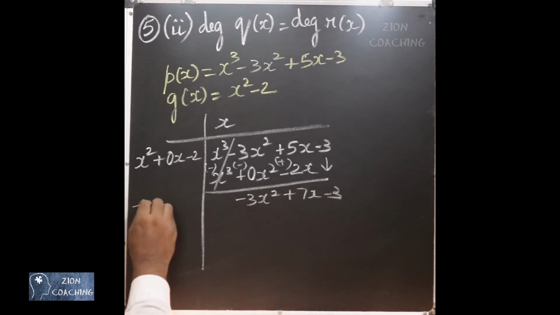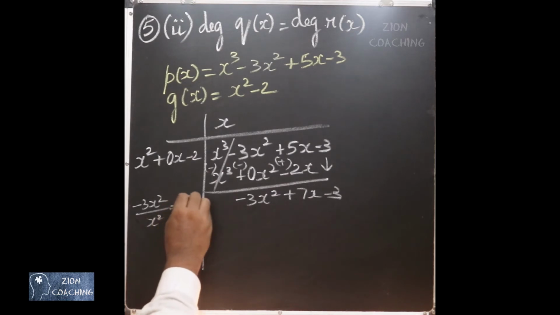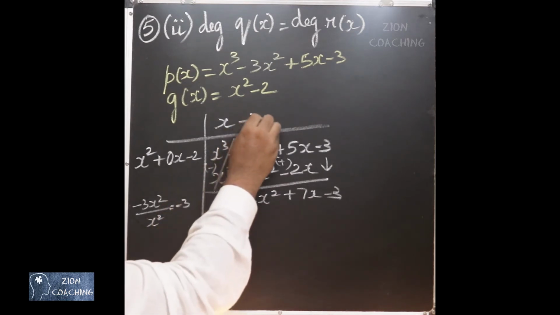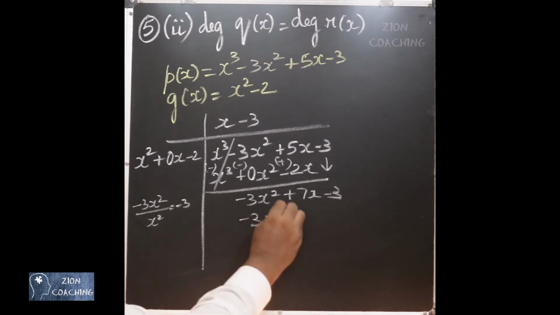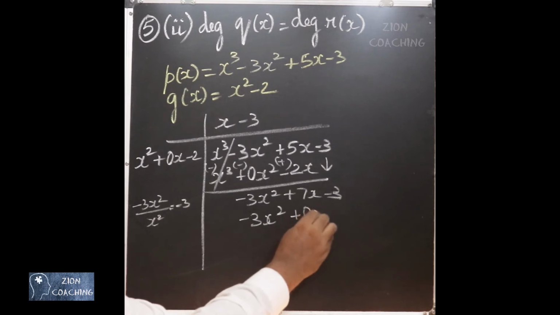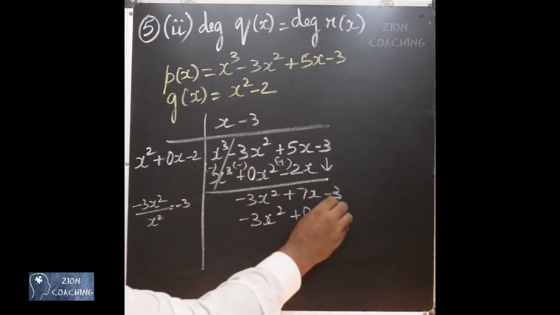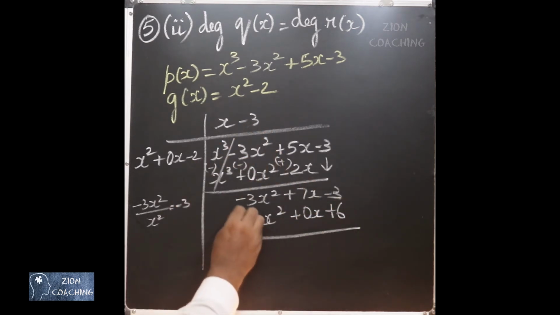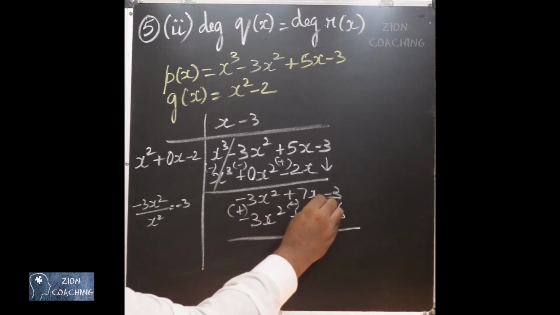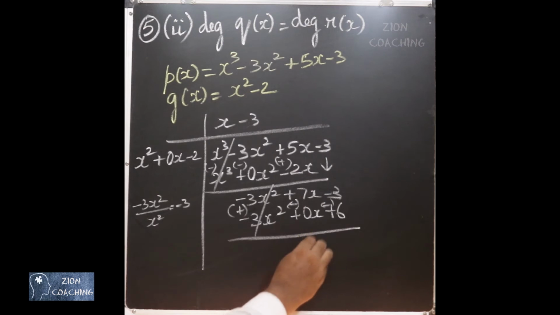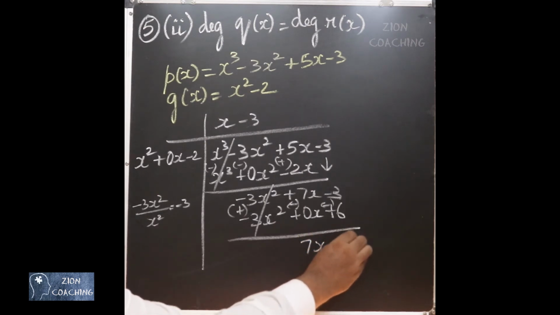Now we have minus 3x squared. When you divide by x squared, you will have minus 3. Multiplying, minus 3 into x squared is minus 3x squared. Minus 3 into 0x is 0x. Minus 3 into minus 2 is plus 6. Now when you change the symbol and add, you will get 7x minus 9.